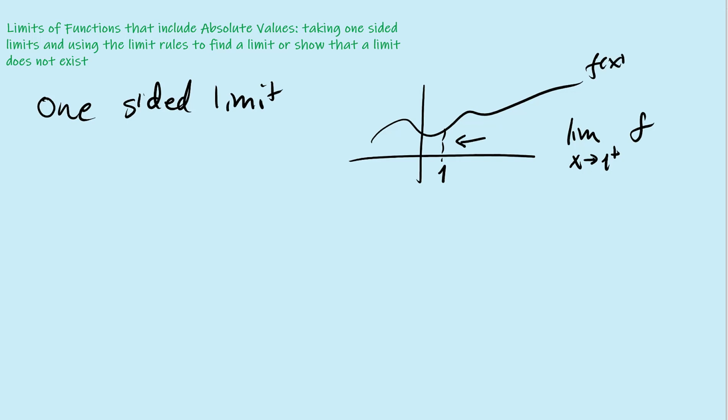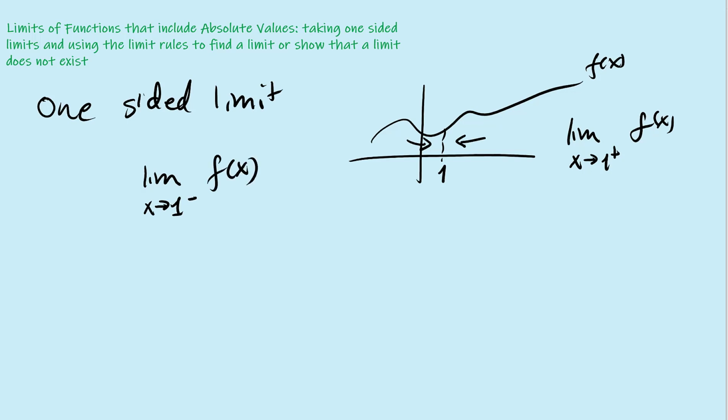This is our function f of x. And so we can define a one-sided limit as usual as the value of the function as we get closer and closer to the specified variable. Now, we can also have a limit from the other side, right? We can look at the limit as we go to 1 from below, from the numbers that are less than 1.